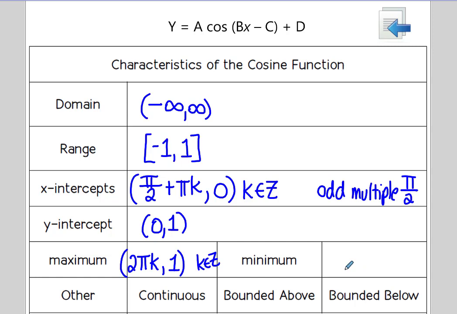And then the minimums are going to be every odd multiple of pi, so pi, 3 pi, 5 pi in both directions, and we could write that as pi plus 2 pi k, with value -1, as long as k belongs to the integers.